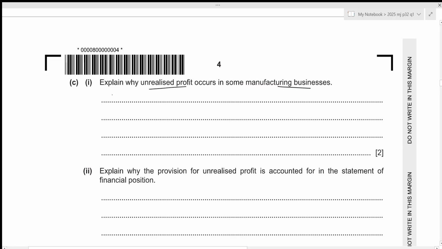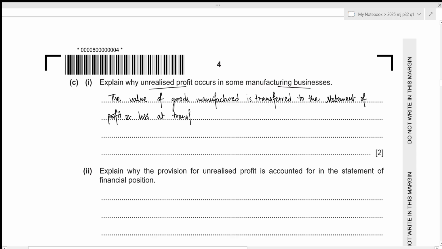Let's write it down. The value of goods manufactured is transferred to the statement of profit or loss at transfer price, which includes cost as well as factory profit.